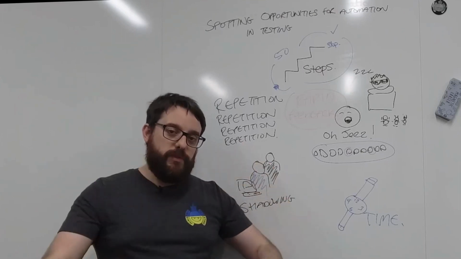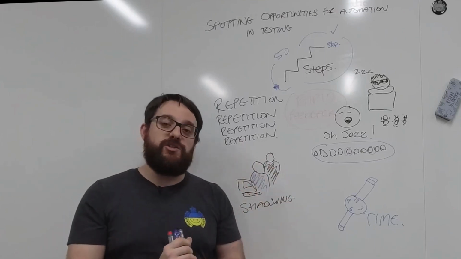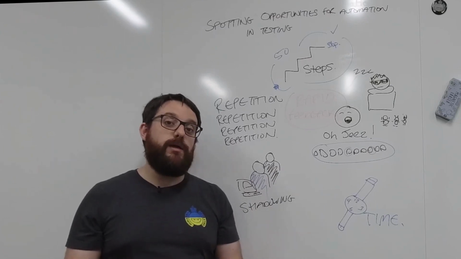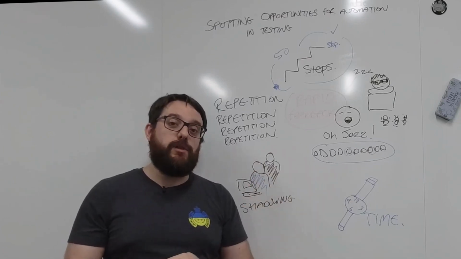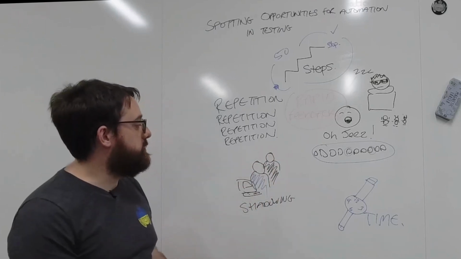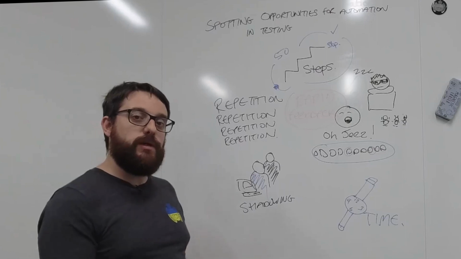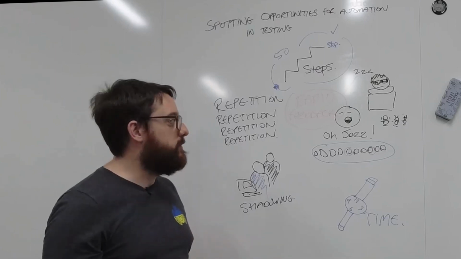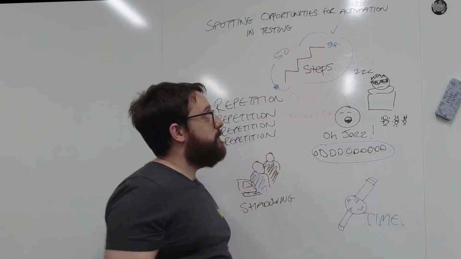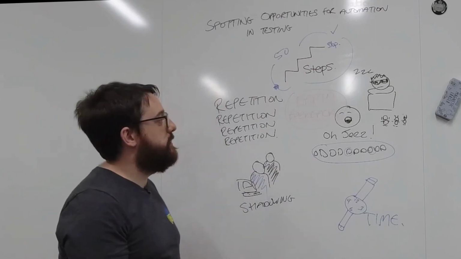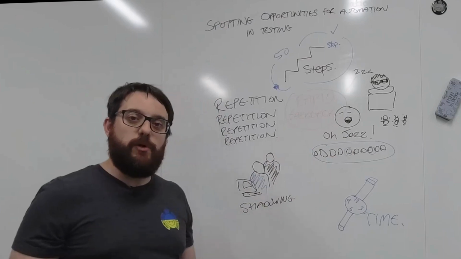Because building up these hundreds and thousands of automated checks is great, but there's still this other side of testing that ain't going to go away, and we can help them a hell of a lot by following some of these heuristics. So repetition, shadowing to see what other people are doing, to learn from them, but also to make recommendations. The steps heuristic, think of the steps that you're going through to run these types of tests. The OG's emotion.